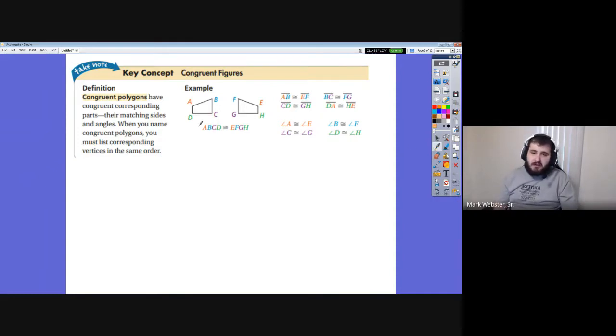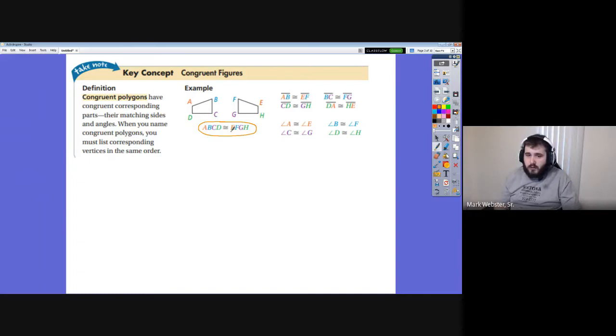So let's look at what we have right here. This ABCD is congruent to EFGH. All right, we've got these two four-sided figures. In order for this to be true, that these two figures are congruent to each other, angle A has to be congruent to angle E, because see how it's the first letter and the first letter?